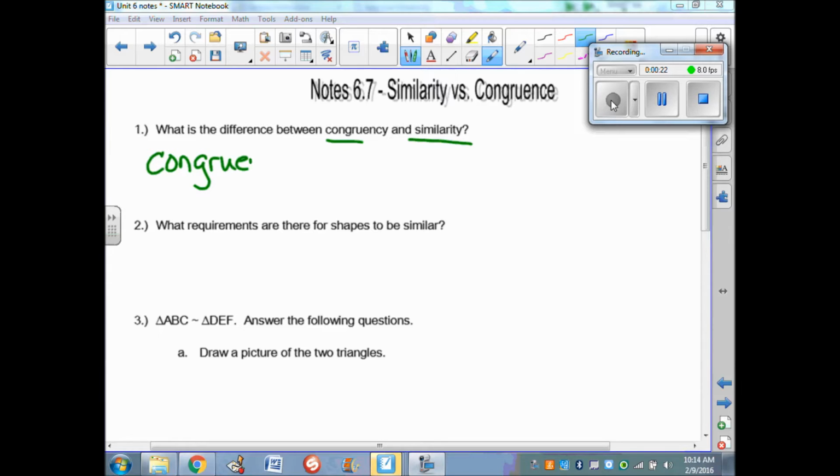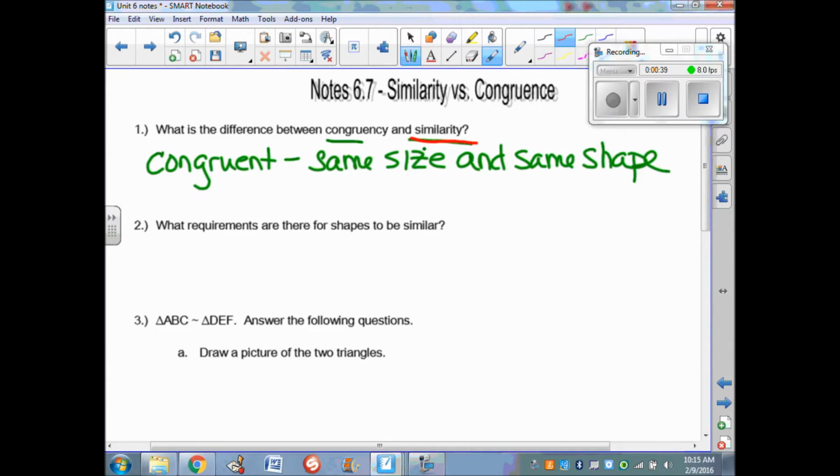Let's revisit that. Okay, so congruent means same size and same shape. Same size, same shape.